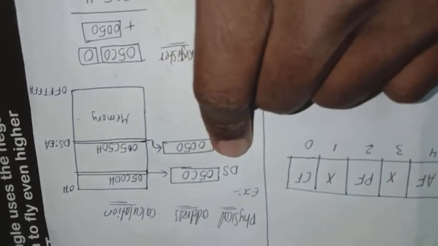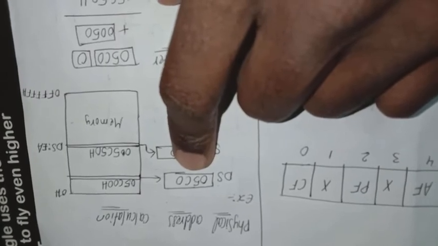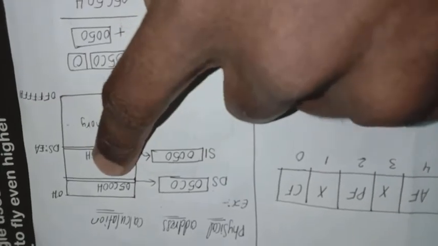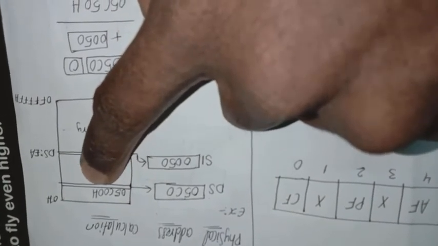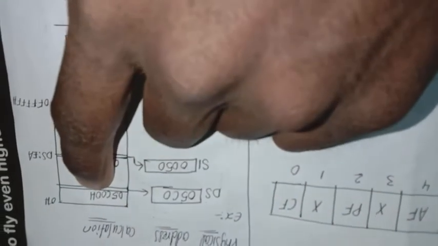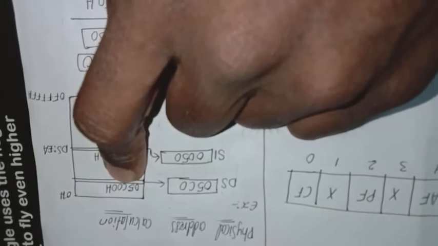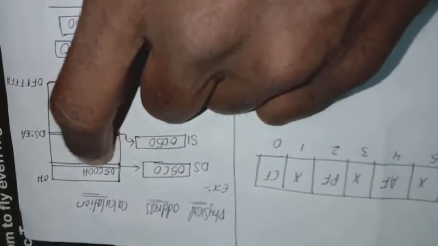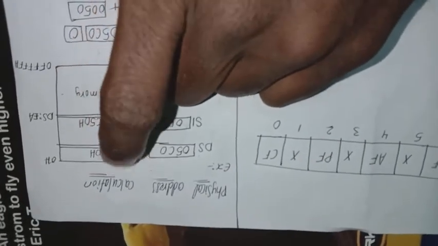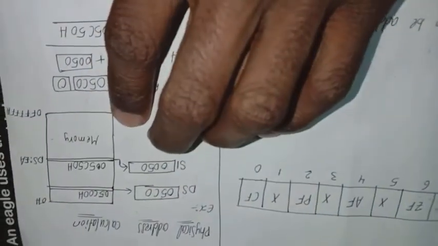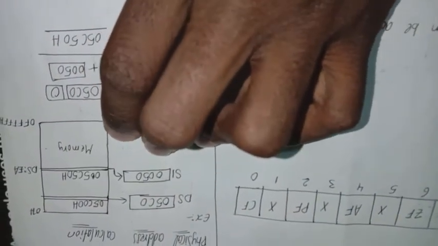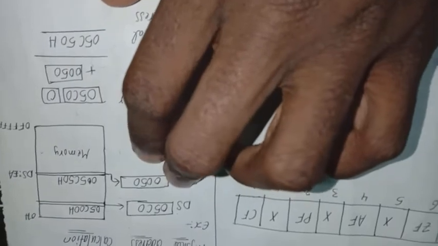See, DS stores the base address. This is the base address 5C00H. This H indicates that this is a hexadecimal address. In microprocessors, all the addresses or the data are in the form of hexadecimal only.